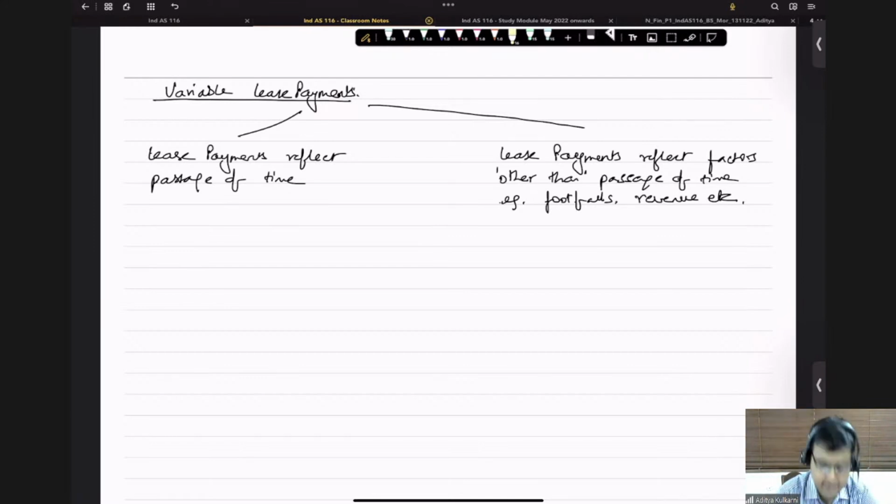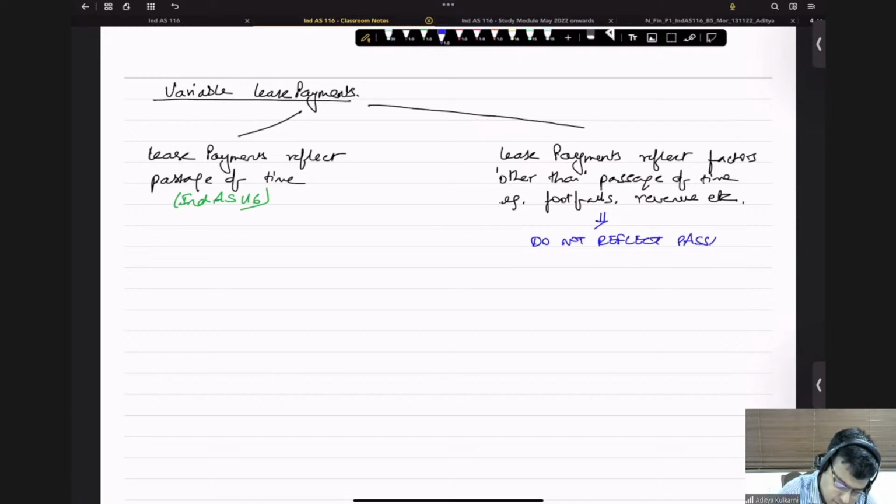Technically both of them will be there in the agreement, but for the purpose of Ind AS 116, we will consider only the lease payments which reflect a passage of time. And these do not reflect passage of time.